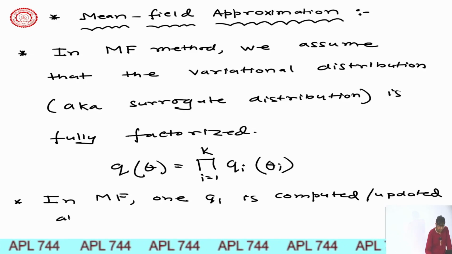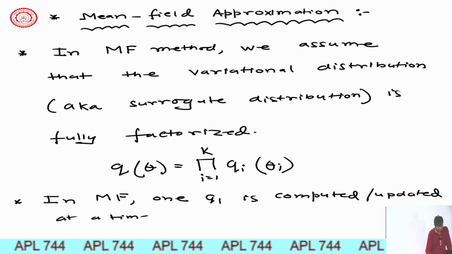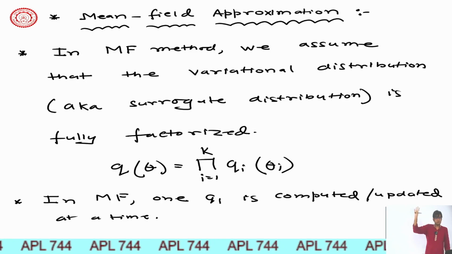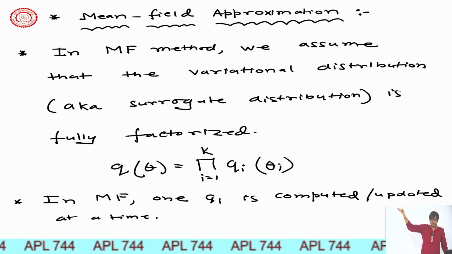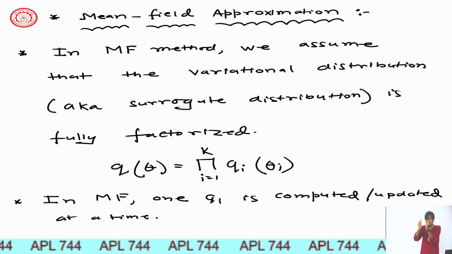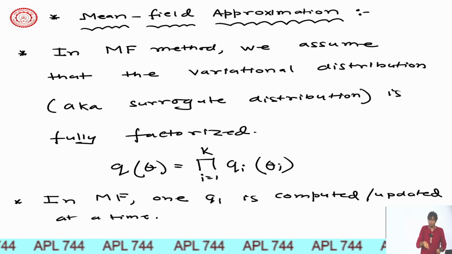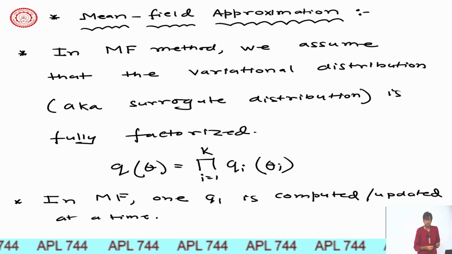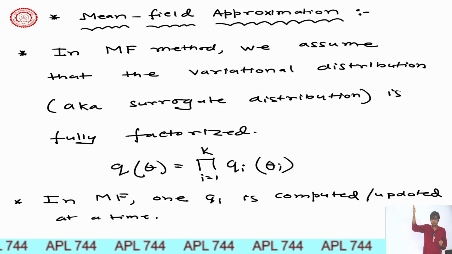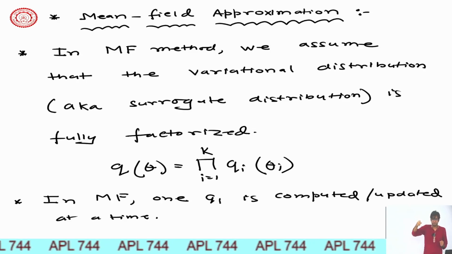You will not update all the q together. You will keep other q's at their previous location, select one and update that. Next you will keep that fixed, update the next one, and this will go in a loop. In a for loop you can think about it, where you iterate over each q at a time and update that, while keeping other q's fixed. Clear?